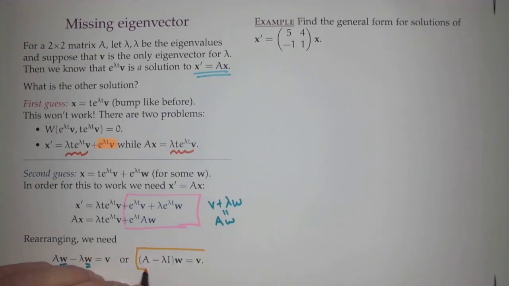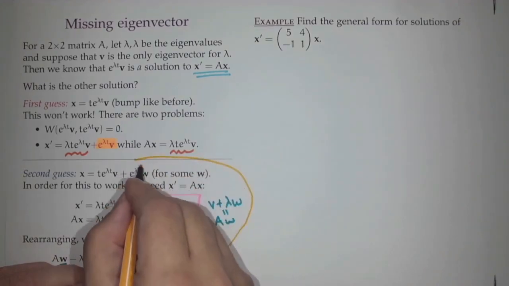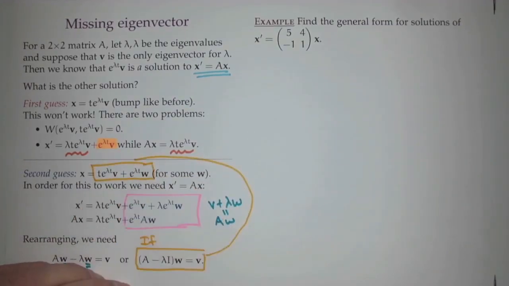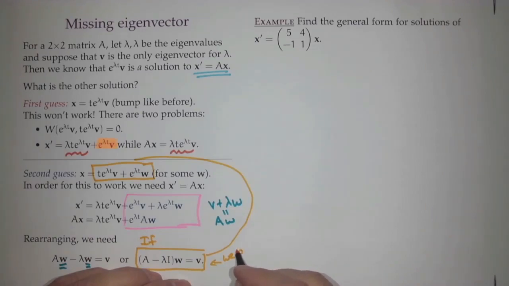So if this is true, in other words, if we can find such a w, then here's our new solution. And here's the great news: we can find w. It's guaranteed to work.